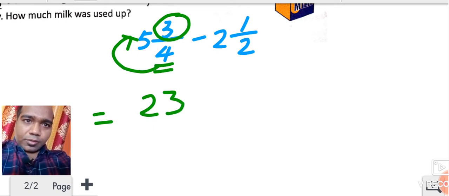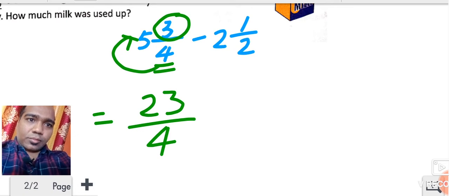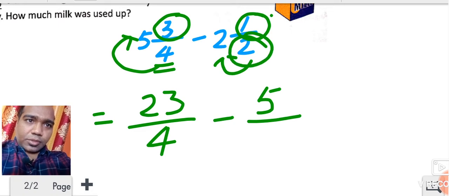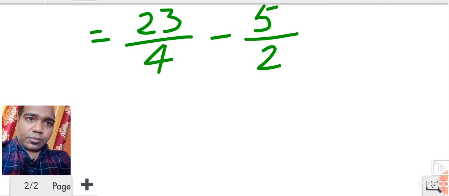And in the denominator 4 is there, so we'll write 4 as it is. Now minus is there, so we'll write minus. Now 2 into 2, 4, and plus 1, how much will we get? 5. So 5, and in the denominator 2 is there, so we'll write 2 as it is. Now the mixed fractions we have changed into improper fractions.